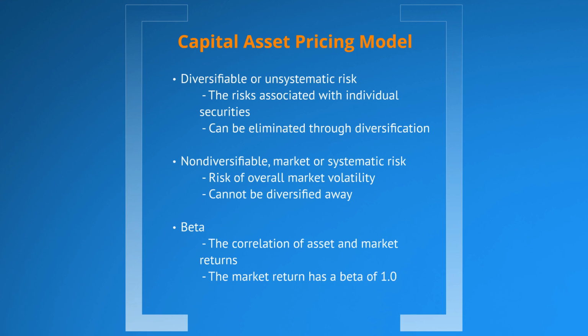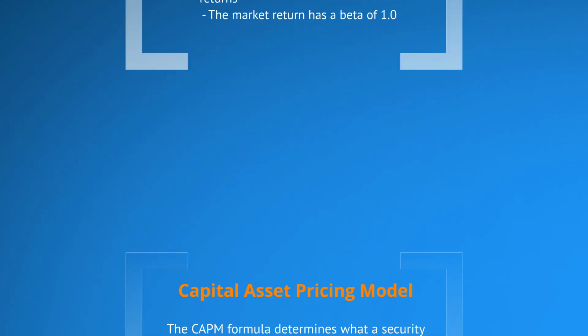And this you can't get rid of. It's just the movement of the whole market. And a beta is a correlation between a particular stock or asset or investment and the overall market returns and volatility. So the market as a whole has a beta of 1.0. If you have an investment with a beta of 2.0, that means it's going to move twice as much as the market, either up or down.